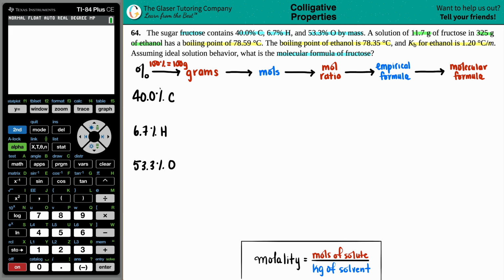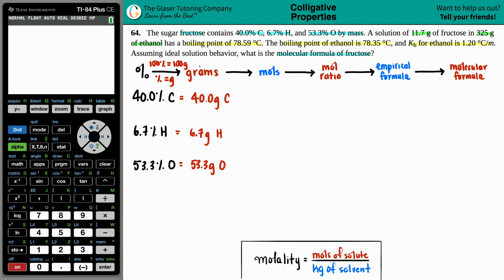Because of that, this 40% will equal 40 grams, and the 6.7% is going to equal 6.7 grams. That's how we get it into grams. So we have 40.0 grams of carbon, 6.7 grams of hydrogen, and 53.3 grams of oxygen. We have successfully gone to the next stage.